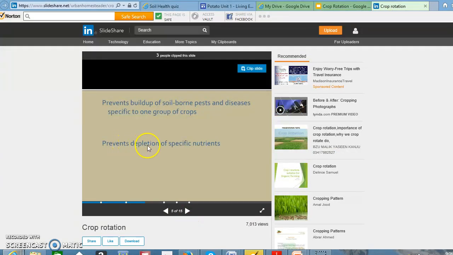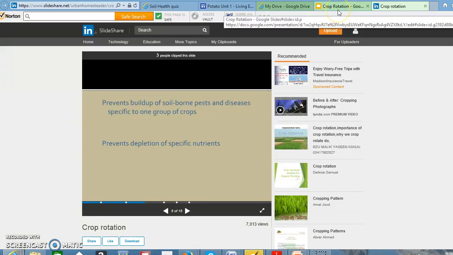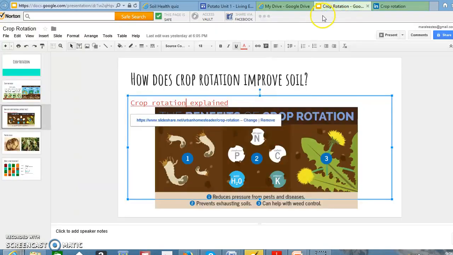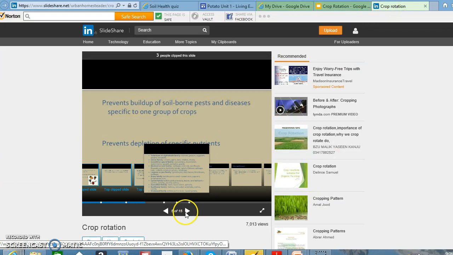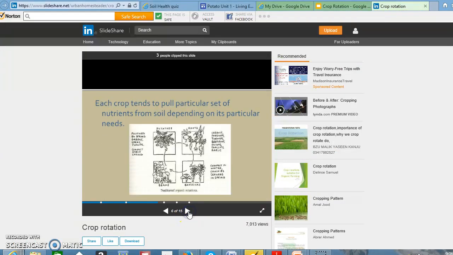It prevents depleting the soil. So deplete means to take away from. When you plant the same crop every year, it depletes nutrients from the soil, because as we had learned before in our previous unit, each plant, each vegetable requires and puts off a different nutrient. Which is what you can see right here.